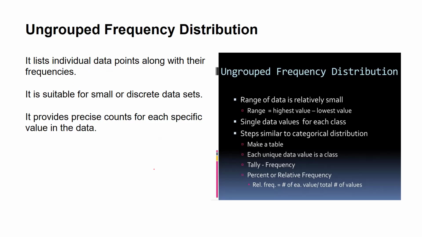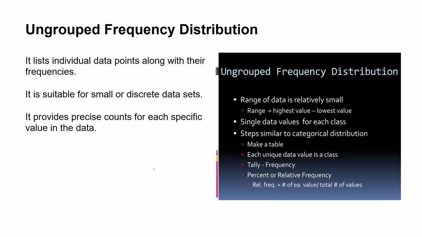So that is how it usually appears. It lists the individual data points along with their frequency, and it is suitable for small or discrete data sets. So when you have a small or discrete data set, that is when you apply an ungrouped frequency distribution. And it provides a precise count for each specific value in the data set.